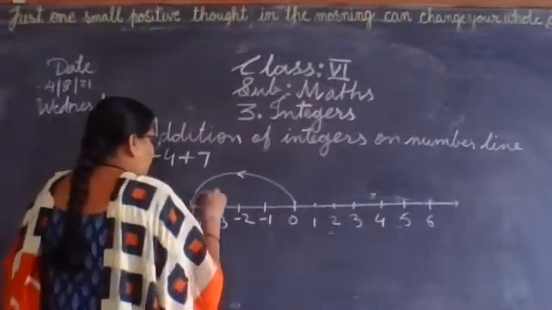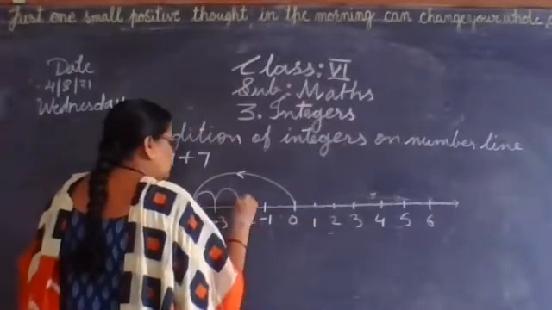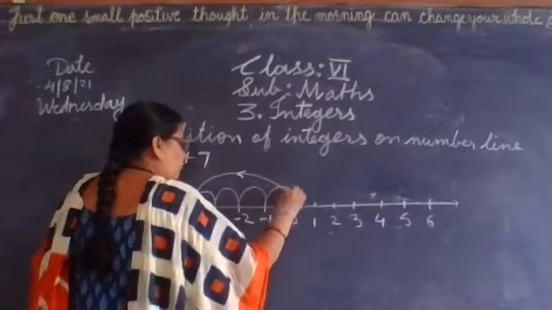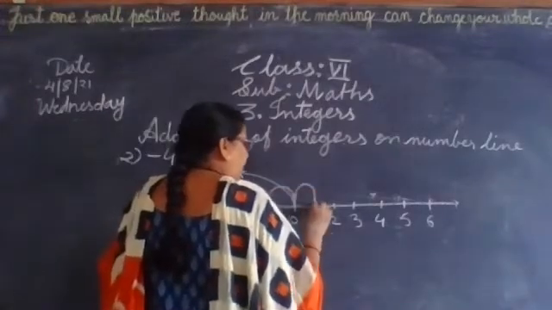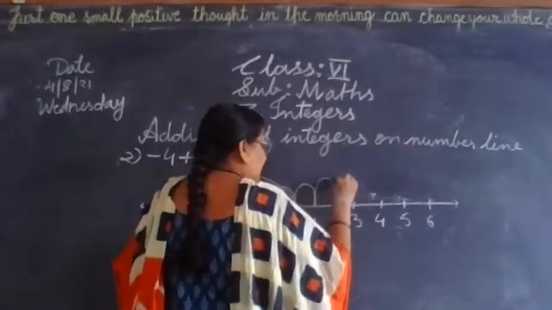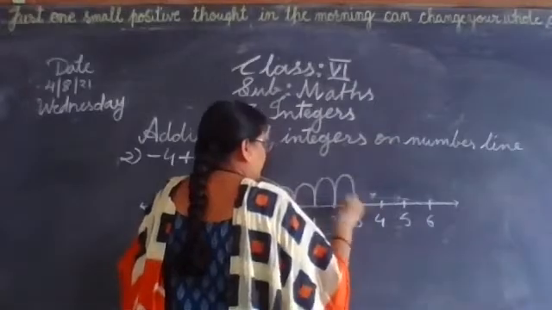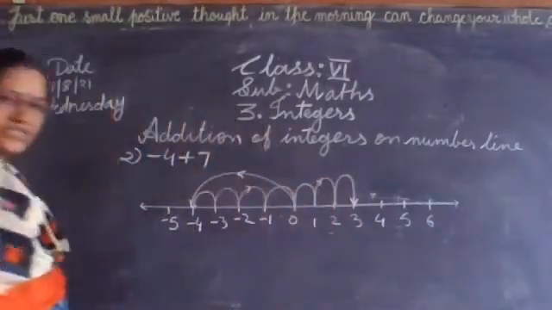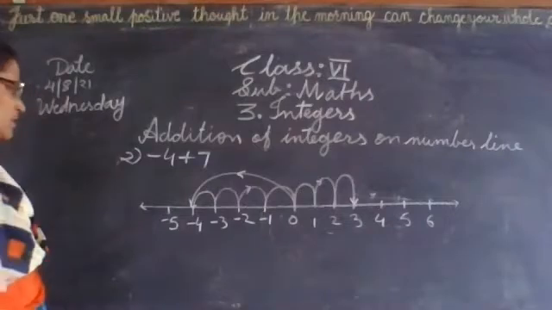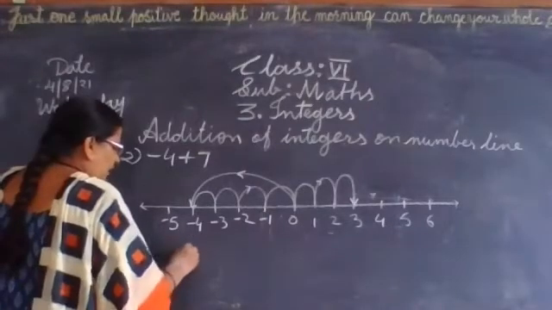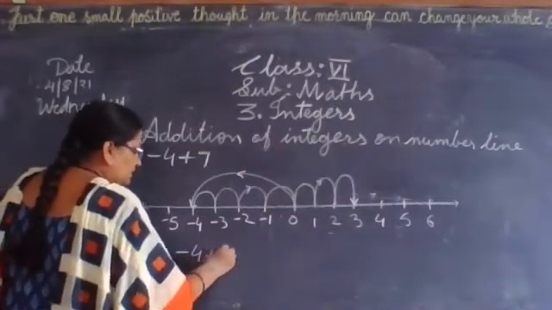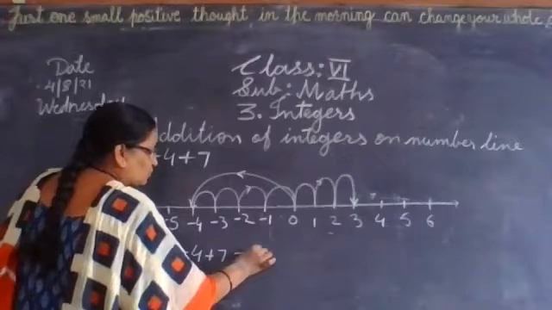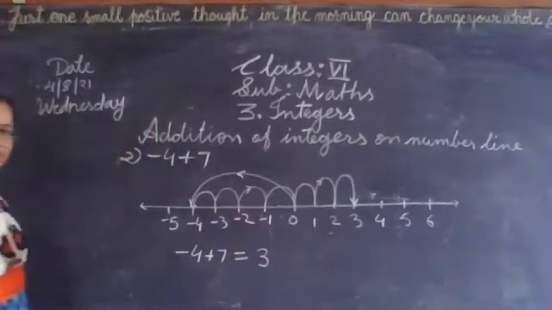So let's start. 1, 2, 3, 4, 5, 6 and 7. Okay. So we reached on 3. So what is the answer of this? -4 plus 7 equals plus 3. Got it beta?